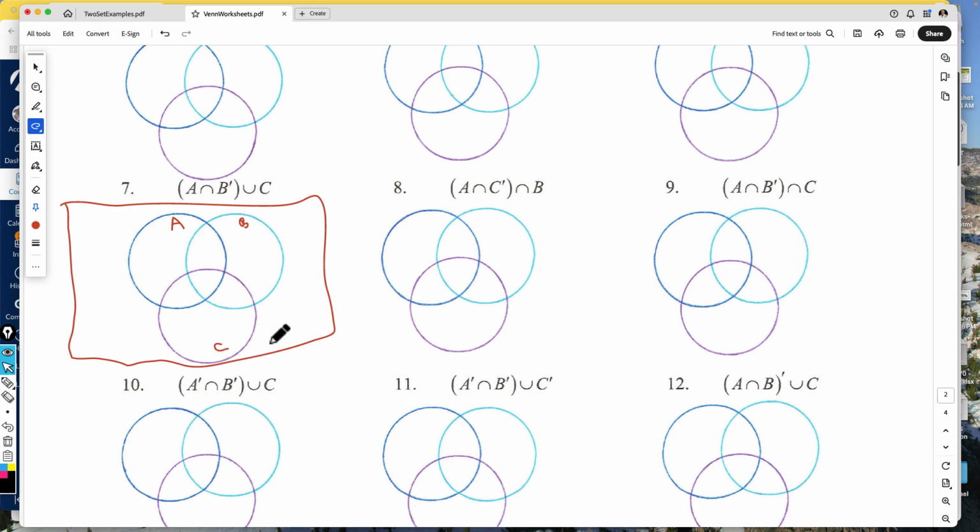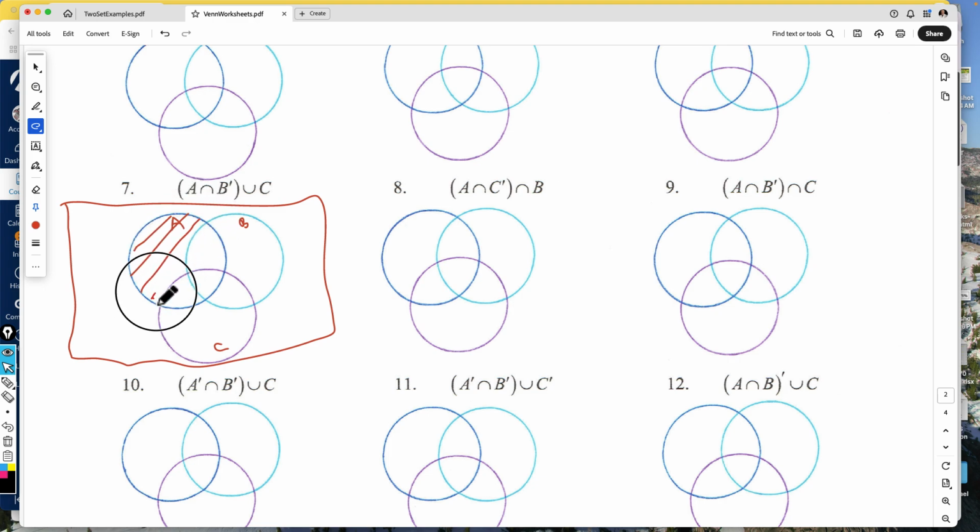I want everything in A that intersects whatever's not in B. Not in B is outside the B circle, so everything outside the B circle but inside the A circle, I'll use the red, would be this.